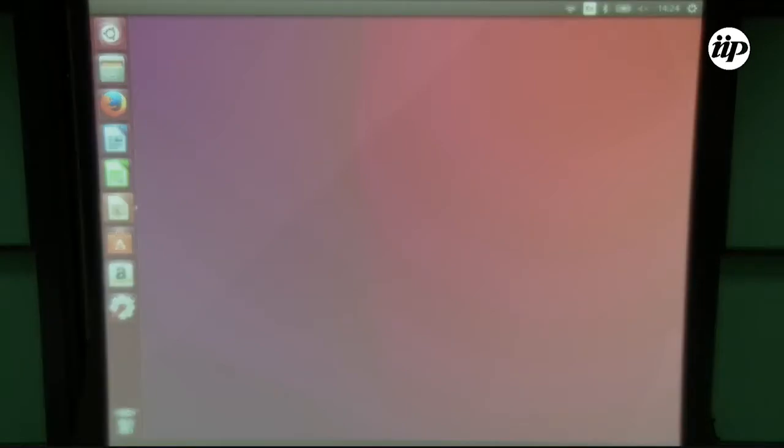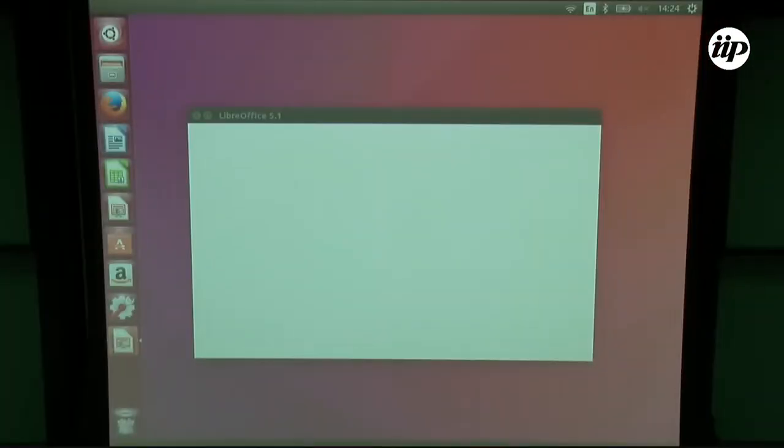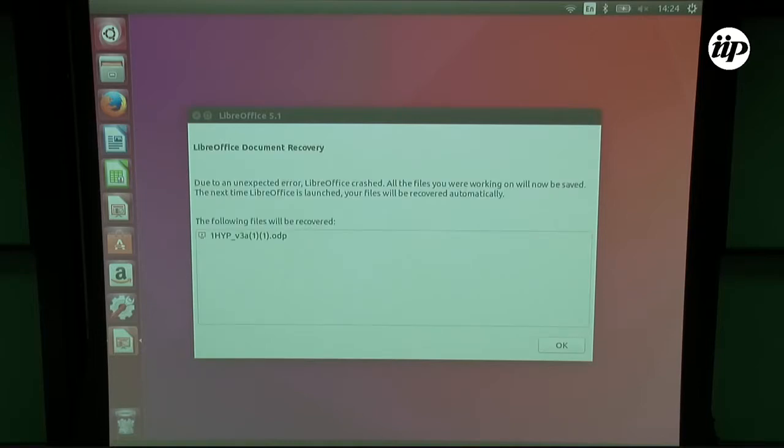So we also tried to, no, my LibreOffice is getting nuts.